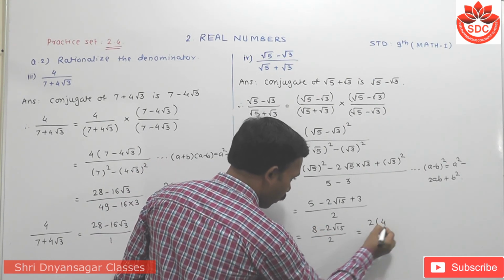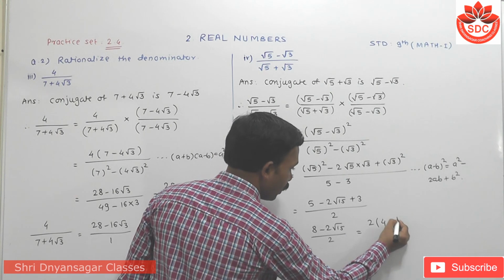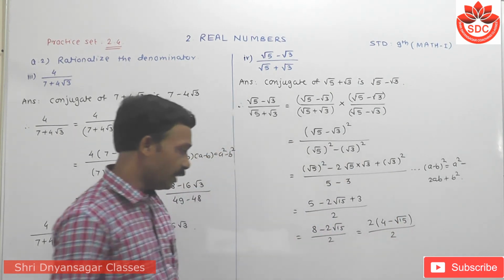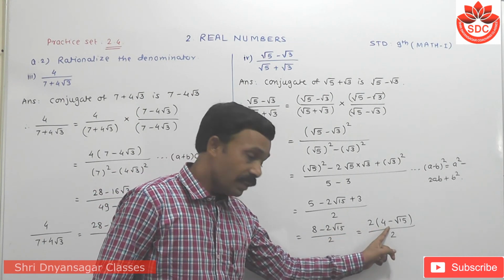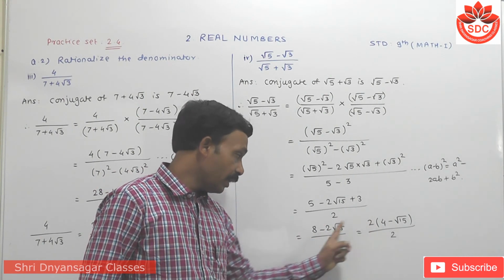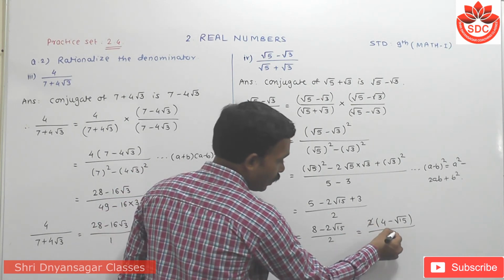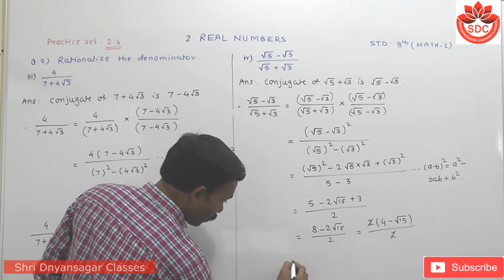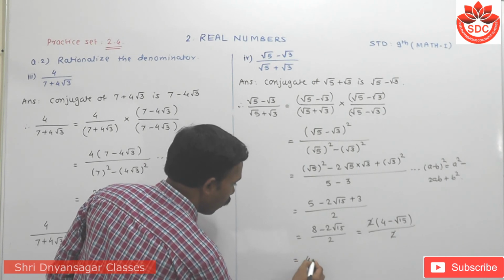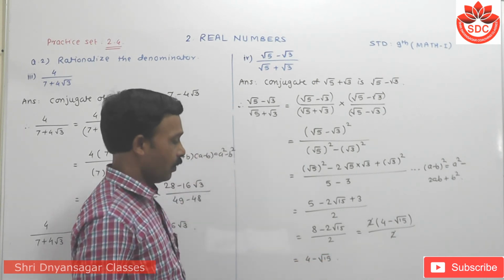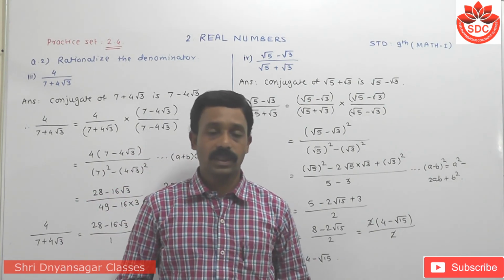Then in the bracket 4 minus root of 15 upon how much? 2. Can you understand this? When we multiply this, we get this value: 2 4s are 8 minus 2 root of 15. Then these 2 and these 2 get cancelled. So our answer is 4 minus root of 15. Can you understand this? Okay. Thank you very much for watching the video.